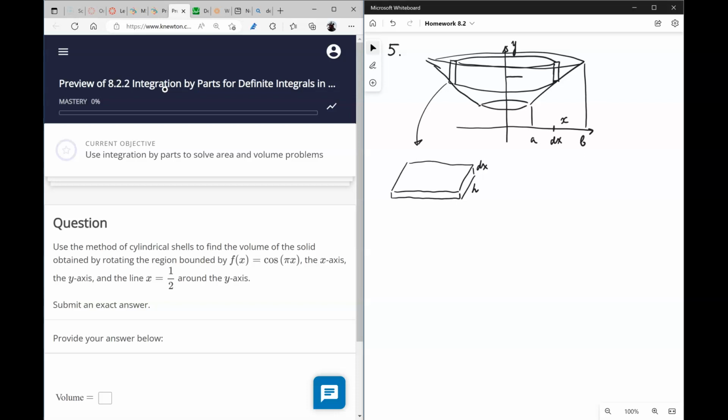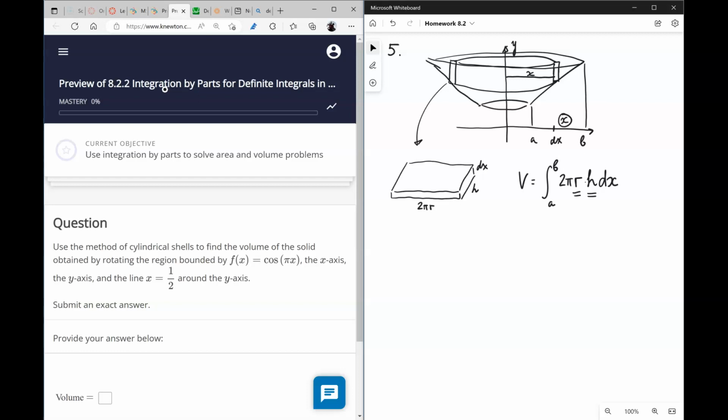So if we're rotating around the y-axis and we take this segment at level x, then the radius of rotation is x, so the circumference will be 2 pi r, but r is x. So that being said, the volume will be the integral from a to b of 2 pi r h dx. R is the radius of rotation, h is the height of each of these shells.